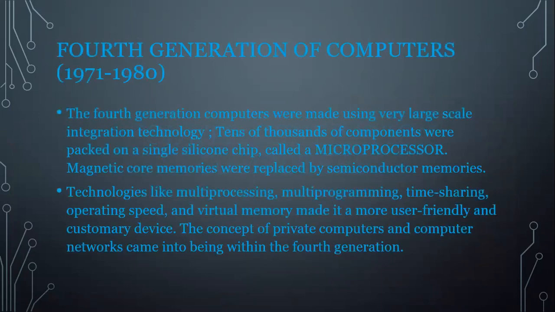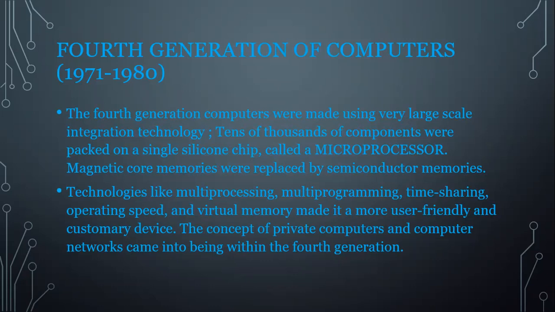Good day, everyone. The fourth generation of computers was between the period 1971 to 1980. The fourth generation computers were made using very large scale integration technology, VLSI. Tens of thousands of components were packed on a single silicon chip called a microprocessor.